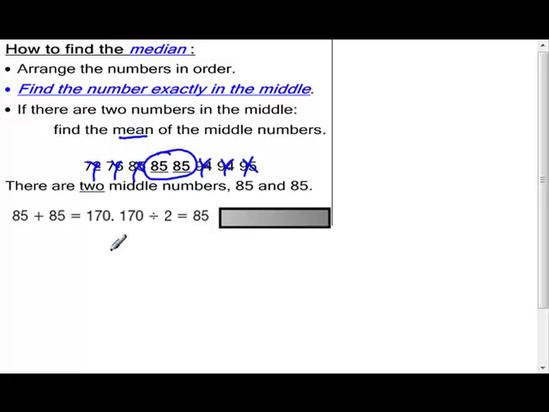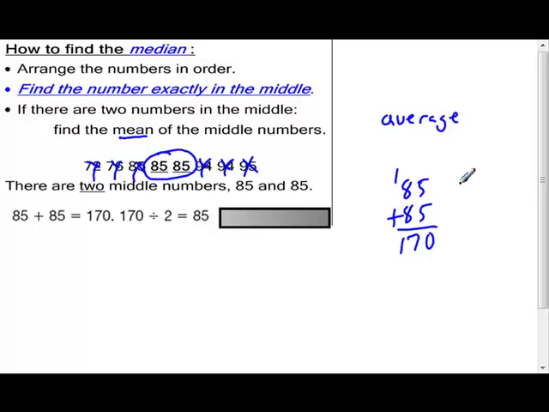I'll give you a brief example of the mean before we explain it a little more later on. The mean is another word for average. It's what a lot of people call the average, but the mean is the average. So we'll take 85 and 85, these 2 numbers, and add them together. 5 and 5 is 10. 8 and 8 is 16, plus 1 is 17, so we have 170.